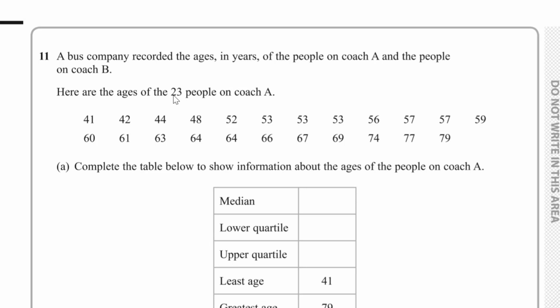So 23 plus 1 divided by 2, that will be 12. So the 12th piece of data, 1, 2, 3, 4, 5, 6, 7, 8, 9, 10, 11, 12, that's 59.